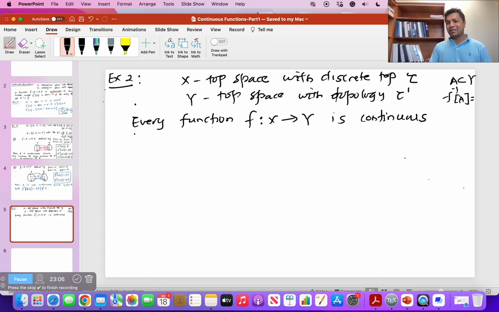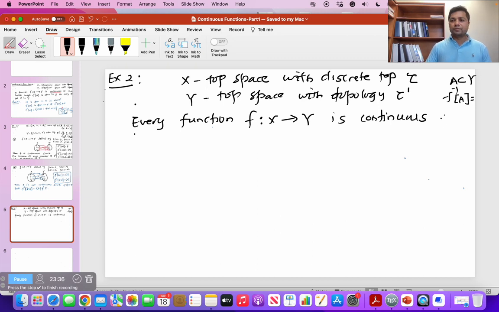Since f inverse A is obviously one of the subsets of X, but all possible subsets of X are in tau, f inverse A has to be in tau. That's why no matter what function you take here from X to Y, if X has a discrete topology, no matter what topology you have on Y, that function is going to be continuous.